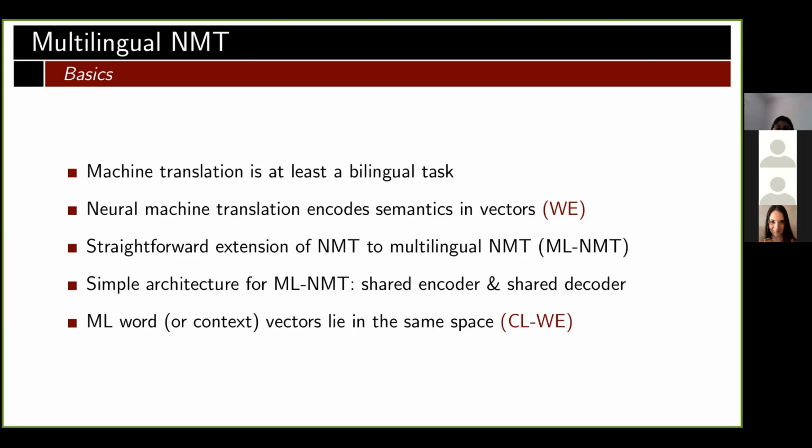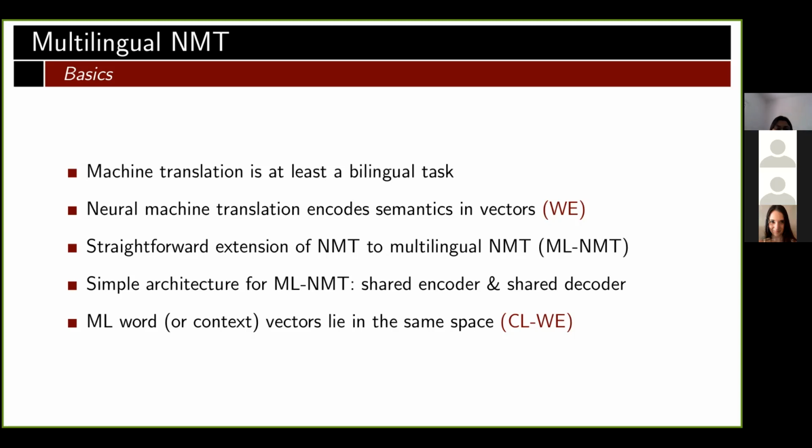To make it multilingual, we'll see that the extension that we need to do is really straightforward. In the easiest and simplest approach, we will have a shared encoder for several languages and a shared decoder for several languages. Still, semantics will be encoded in vectors, but now these spaces will be multilingual.